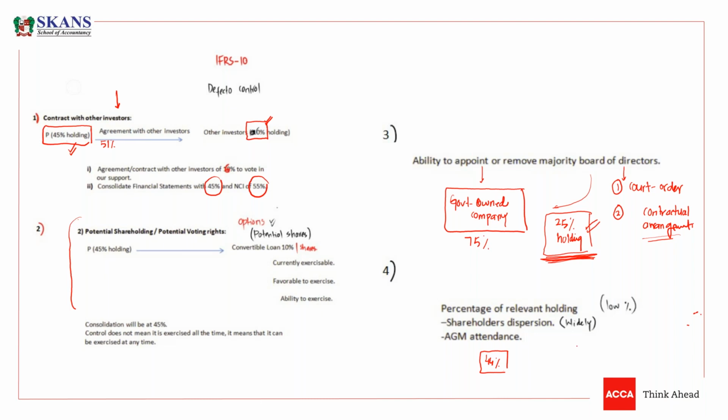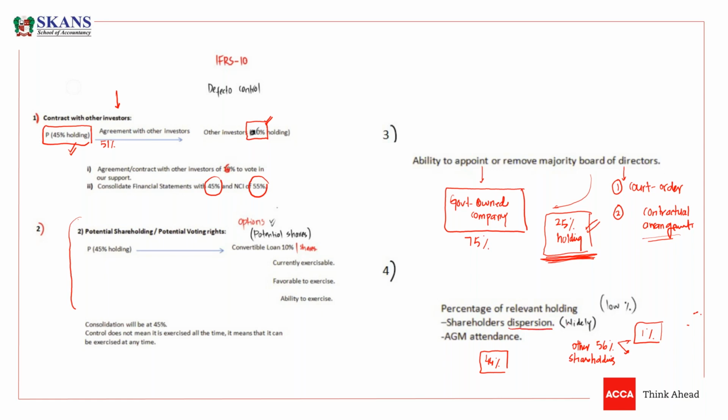But all other shareholders, which are actually 56%, have very little shareholding. It means they have less than 1%. They didn't invest a significant amount in the company. They are widely dispersed.